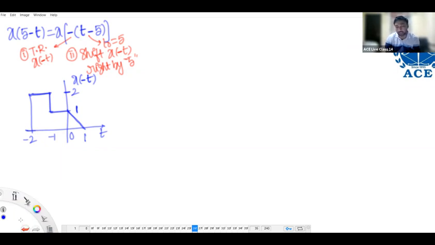The second step here is to shift the time reversal signal right by how many units? 5 units. To the time axis of x of minus t, if you are adding 5, what will happen?